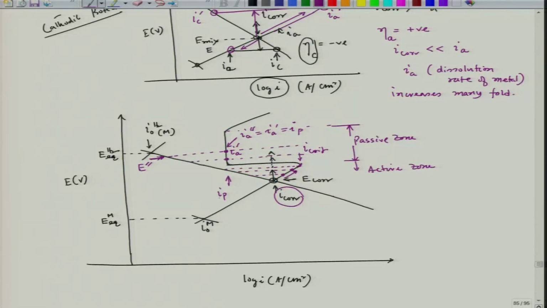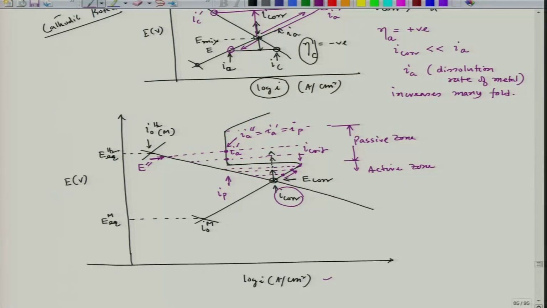So, the corrosion rate has decreased to a great extent, since this is the log scale current density axis. So, this is the very concept of anodic protection.